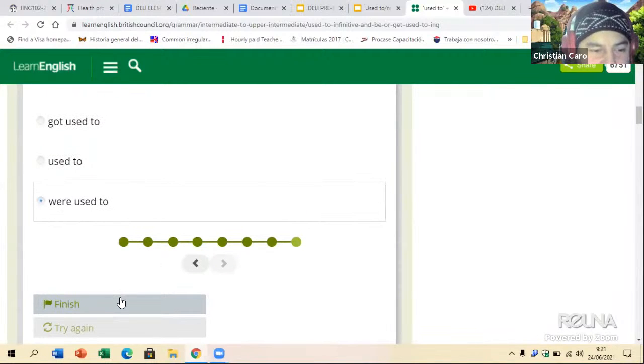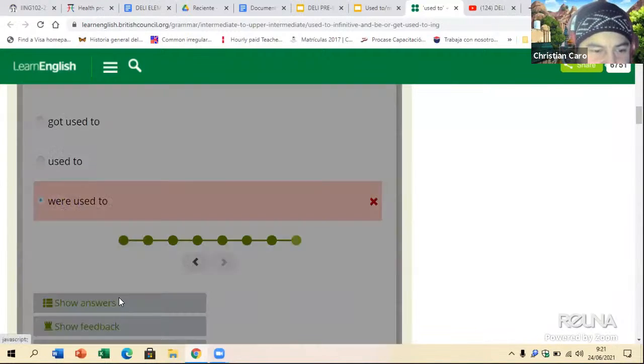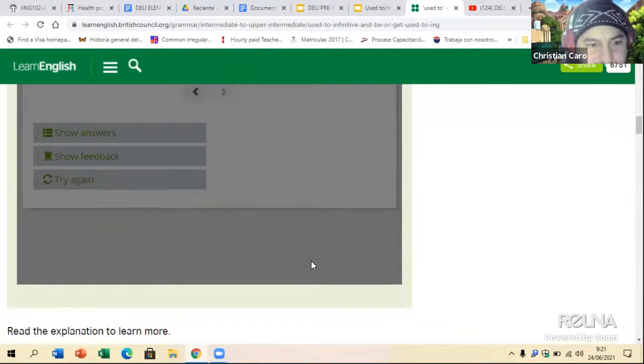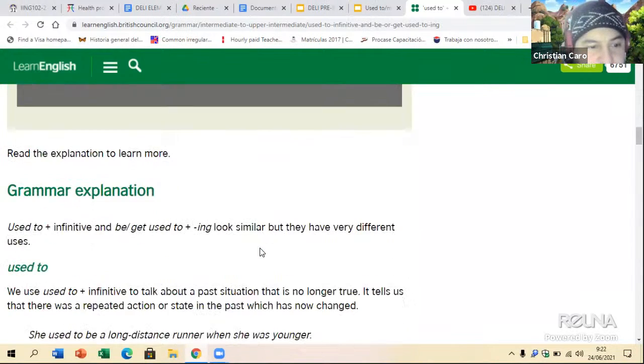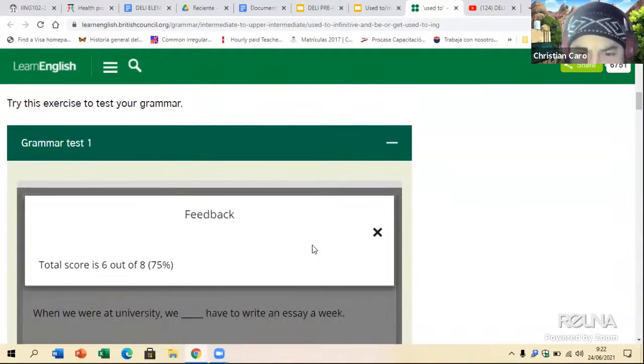All right, so we're gonna finish and then we're gonna check out. It says total score is 6 out of 8, 75%, which is basically a passing score. Okay, not bad. So we're gonna check out the 2 mistakes in this case.